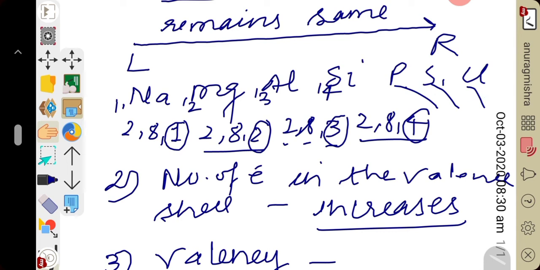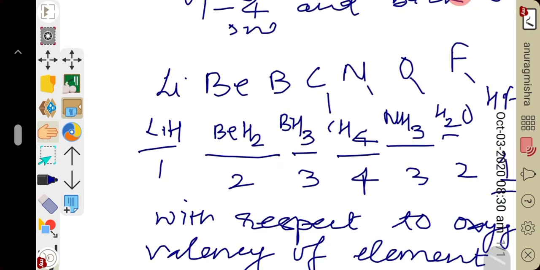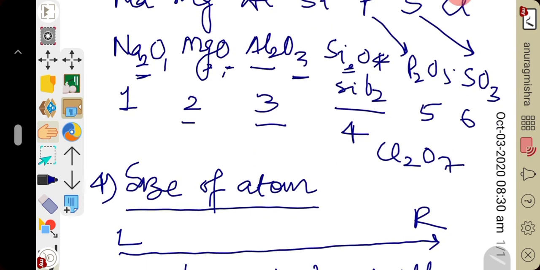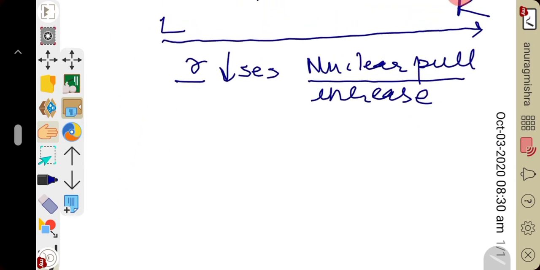So here proton is increasing. Proton increasing means the charge on the nucleus is increasing. It means nuclear pull is increasing. Whatever number of protons is present in the nucleus of an atom determines its nuclear pull, because protons carry positive charge.